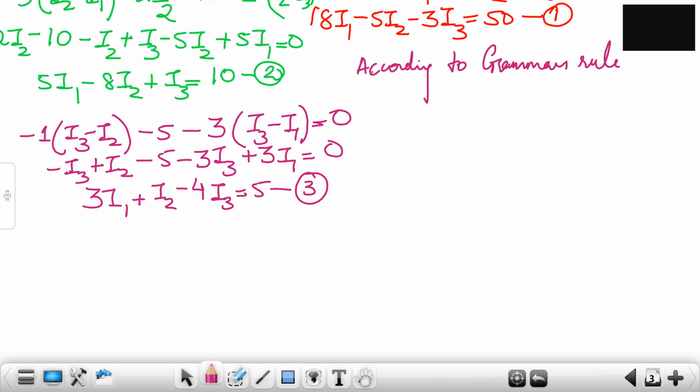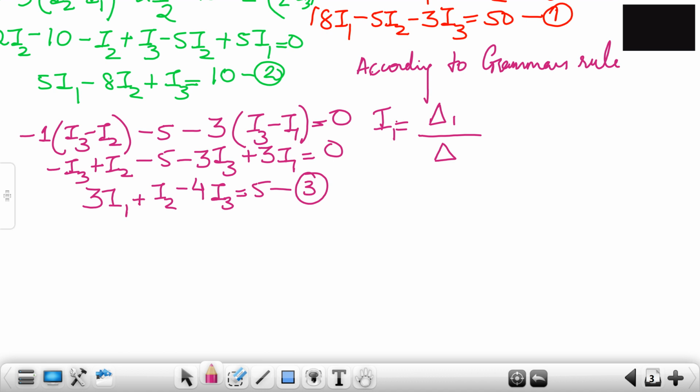Let us start with the first equation. It is I1 is equal to delta 1 upon delta.